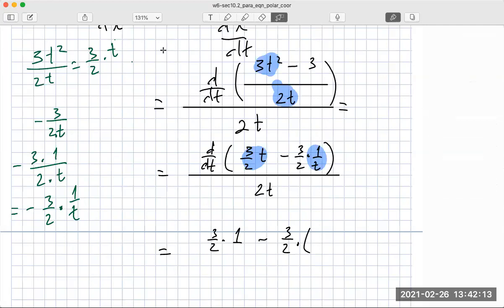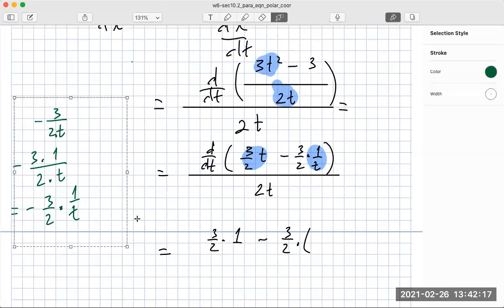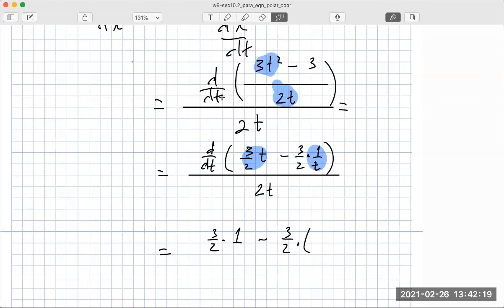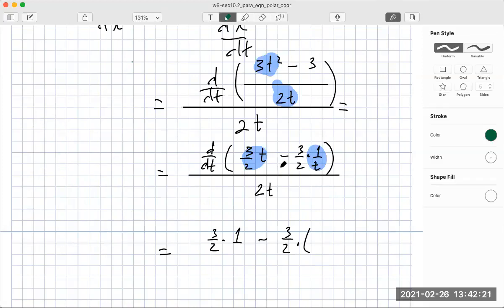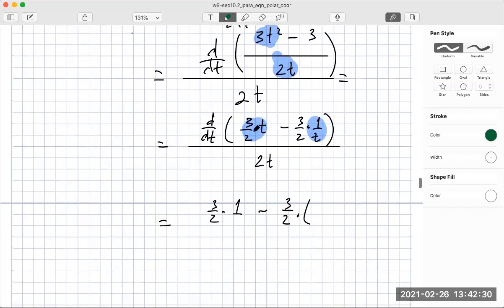Just simplify it. Everyone, is this part from here to here clear? Just simplify this fraction. The reason we simplify it is that now we deal with two simple things.